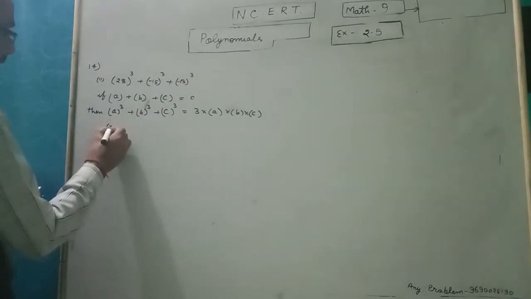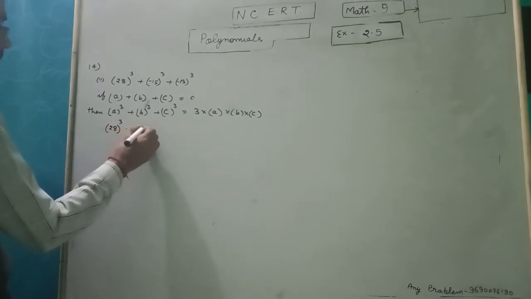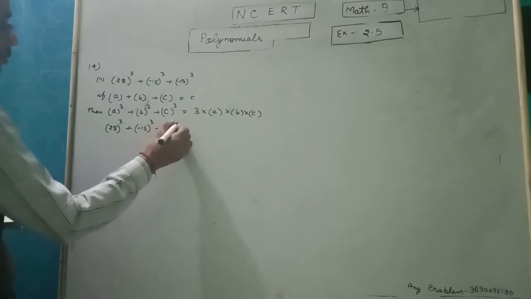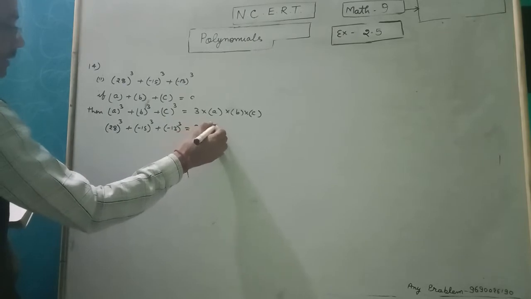So 28³ + (-15)³ + (-13)³ will be 3 into 28 into -15 into -13.